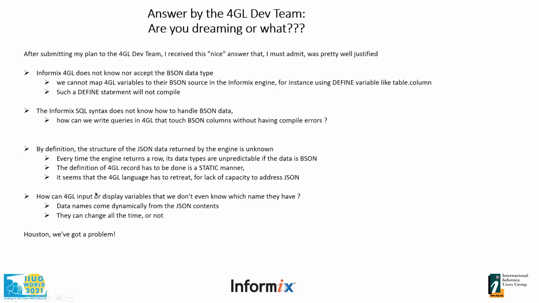And we all know very well 4GL. Defining a 4GL record has to be done in a static manner. Once you define a record in 4GL, it will have to stay like this. If you want to define it another way, you have to recompile your application to reflect a column being added or a column data type change or stuff like this.